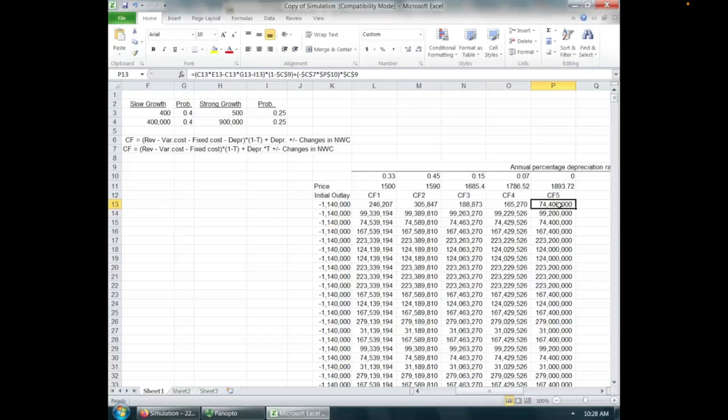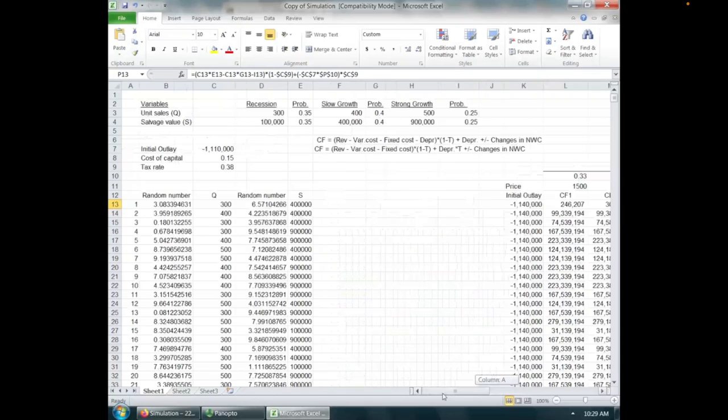Now, finally, in year 5, there's more action, meaning in year 5, we need to recover the investment in working capital, whatever we invested in working capital in previous years. And also in year 5, we need to add the after-tax salvage value, which we randomly generated here.